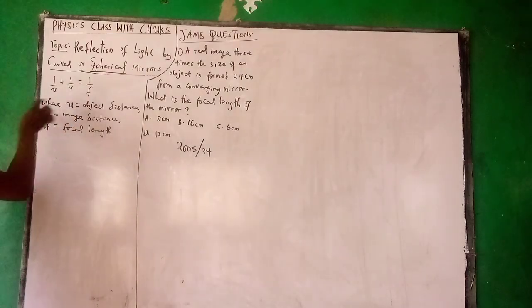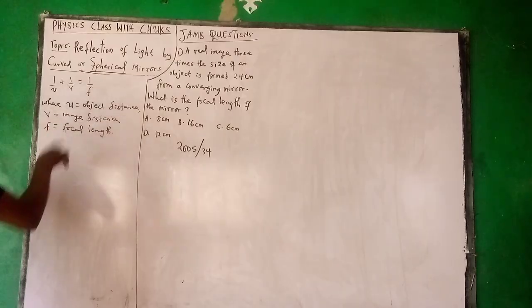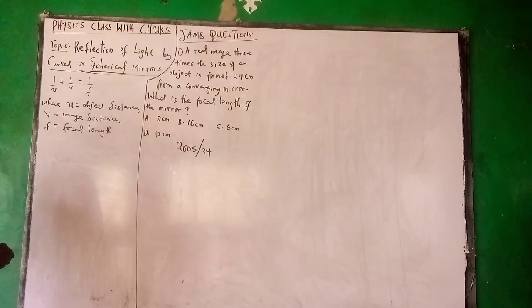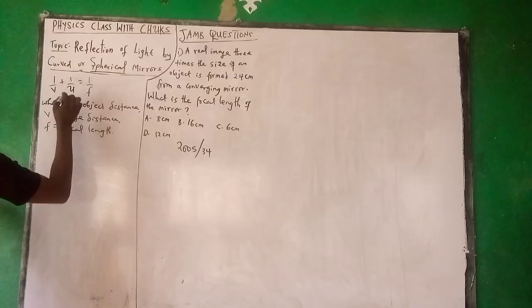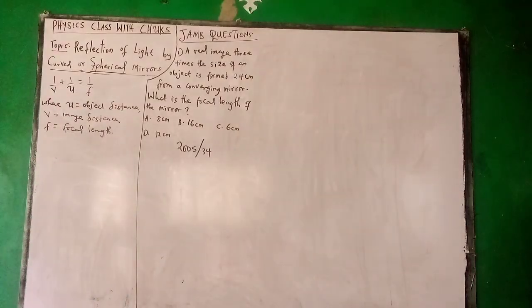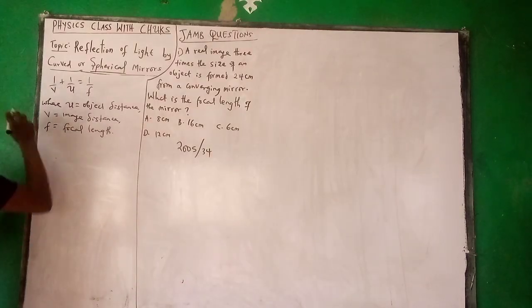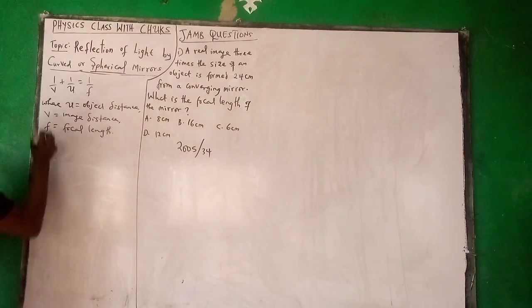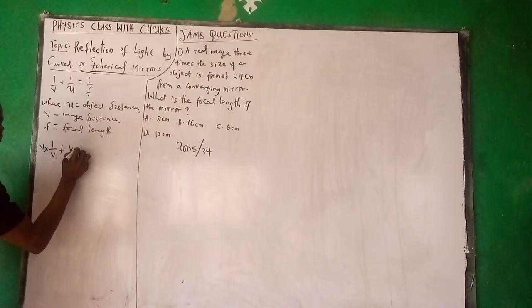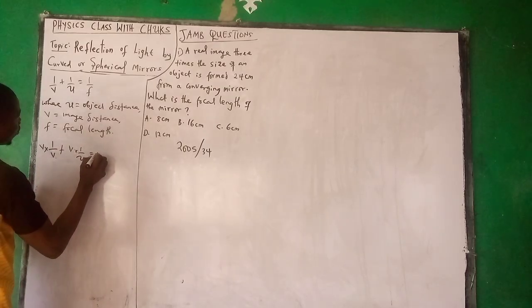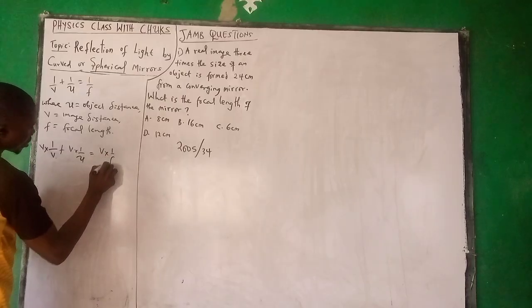What will I do? If I multiply everything here by V, what will I get? If I multiply everything by V, I'm going to have 1 over V times V, plus V times 1 over U, equal to V times 1 over F, right?